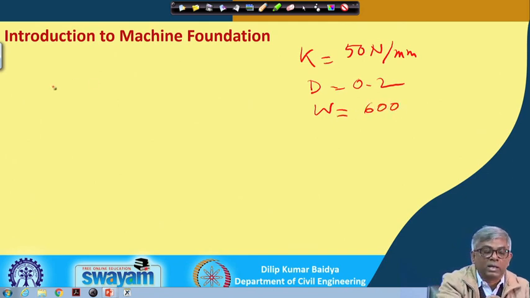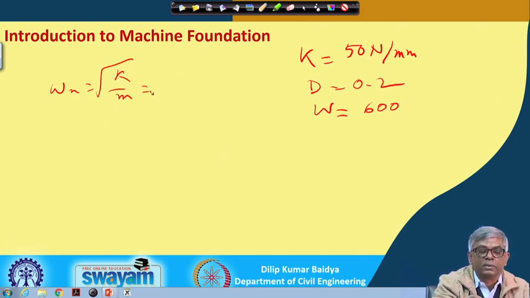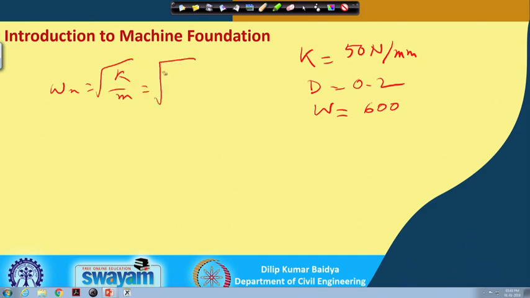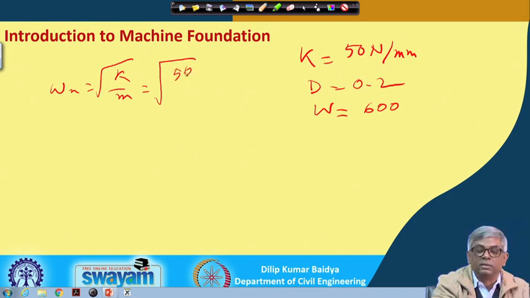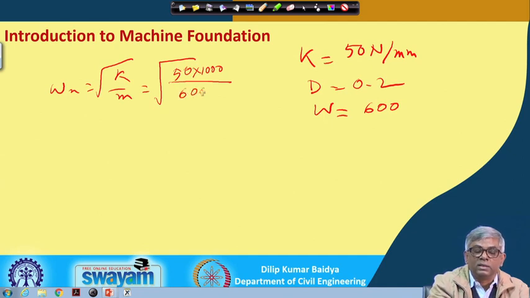And so your natural frequency omega equals under root K by M. So, K is actually 50 Newton per millimeter, that is 50 multiplied by 1000 Newton per meter, and M here is 600 divided by G, so multiplied by 10 here.